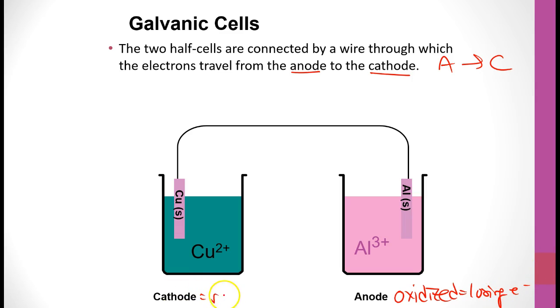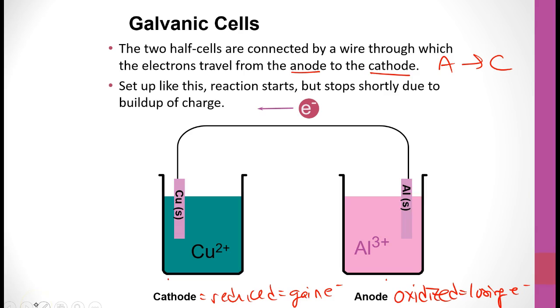The cathode is reduced and therefore is gaining the electrons. So the electrons have to go from anode to cathode. It doesn't have to be the right side and the left side. If the anode was over on this side and the cathode on that side, the electrons would go the other way. Electrons always travel from the anode to the cathode.